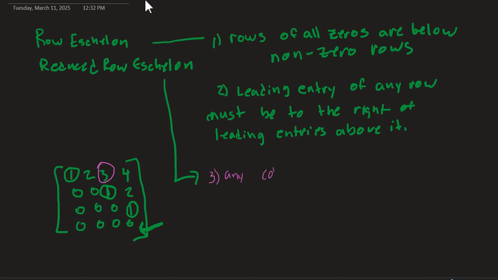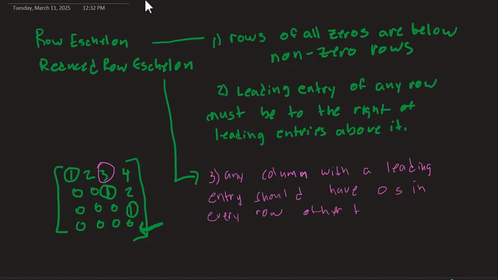So reduced row echelon: any column with a leading entry should have zeros in every row other than the one with the leading entry.